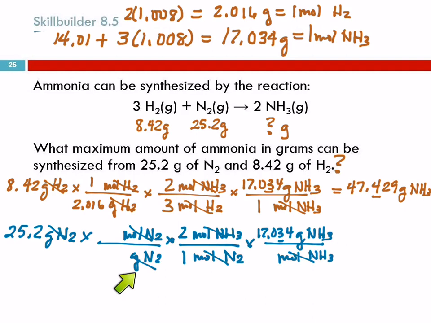And then I need the molar mass of nitrogen. That's going to be 2 times 14.01, which is 28.02 grams of nitrogen is equal to 1 mole of nitrogen. So 1 mole is 28.02 grams.